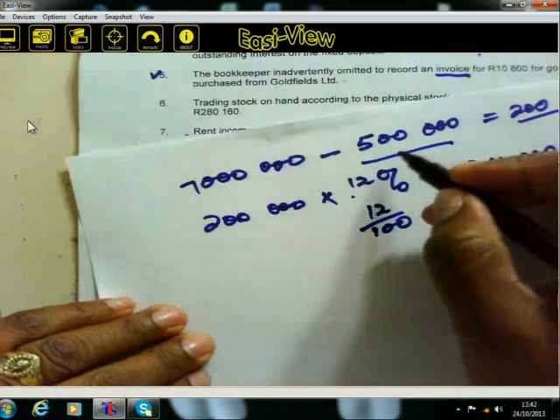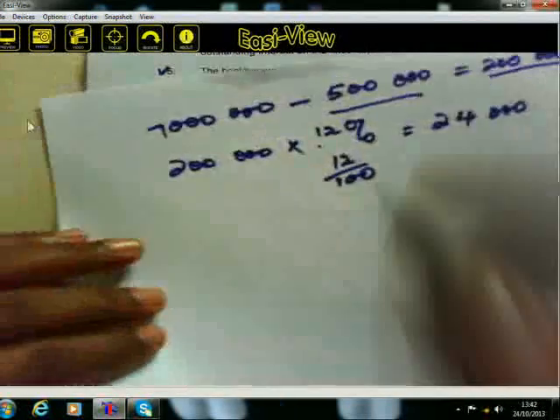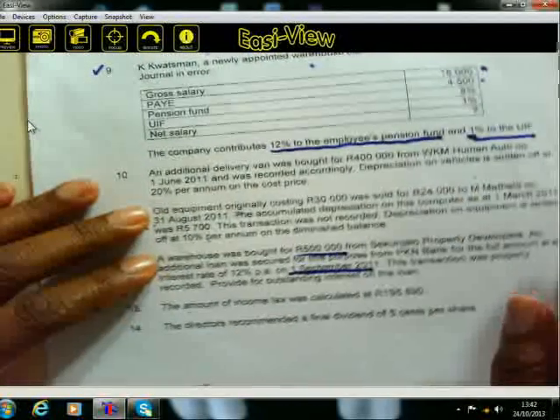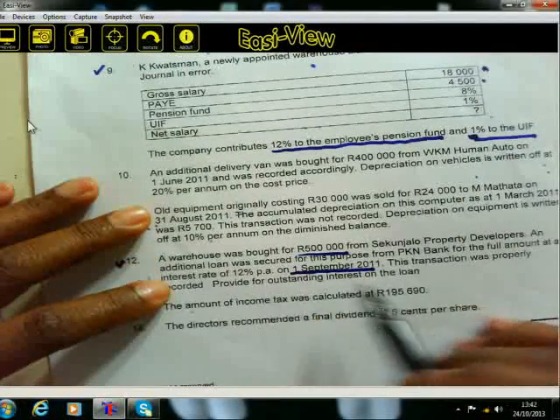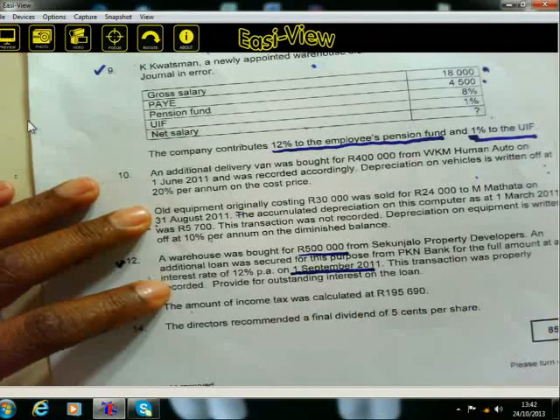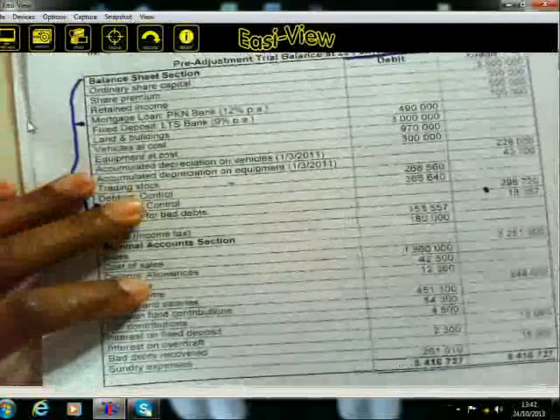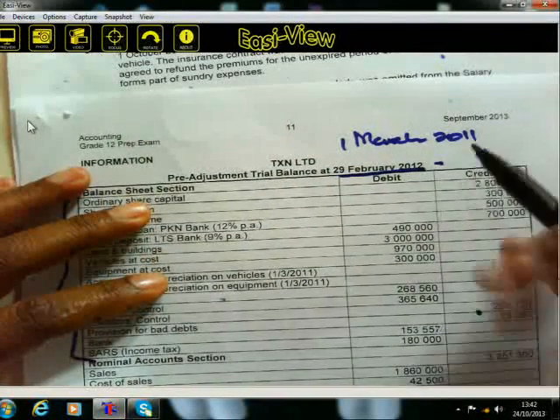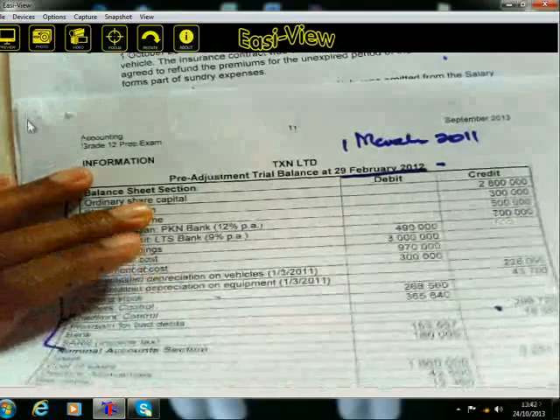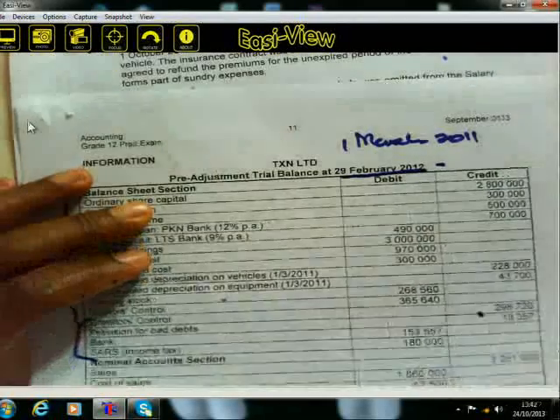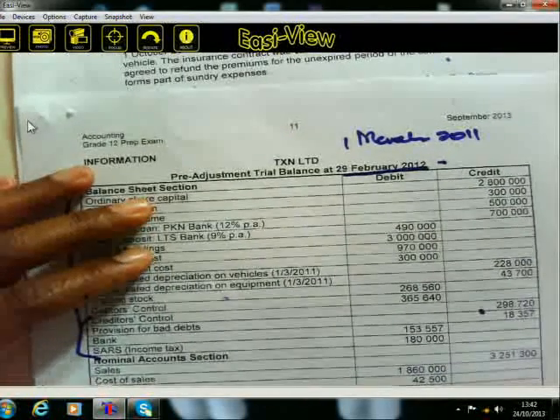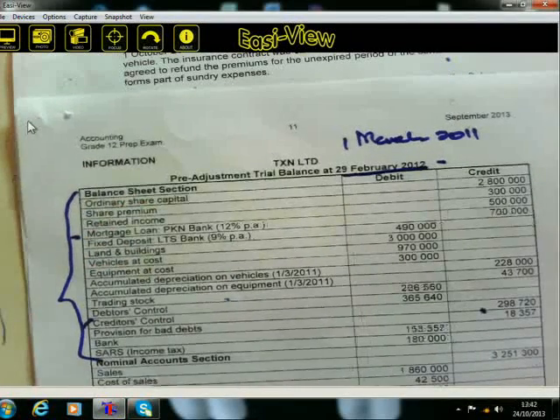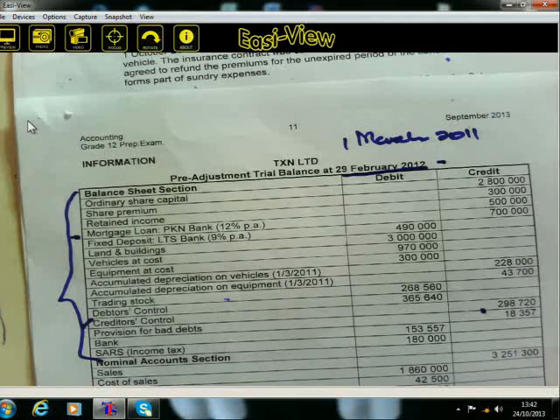Now the new one, before calculating it, we should consider when it was brought into the business. It is 1st September. So it takes us back to the financial period: if it has been brought in on the 1st of September 2011, how many months has it stayed in the business before the end of the financial period?